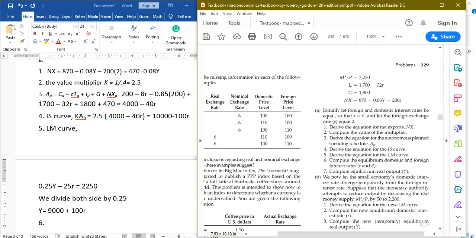Compute the equilibrium of domestic and foreign interest rates.